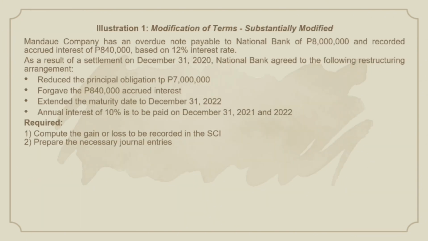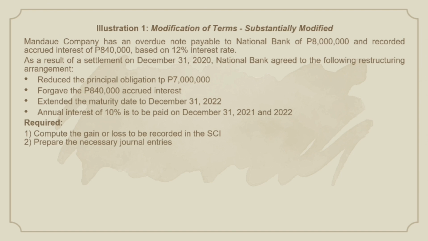We have here the first illustration, the modification of terms substantially modified. Mandawi Company has an overdue note payable to National Bank of 8 million and recorded accrued interest of 840,000 based on a 12% interest rate.